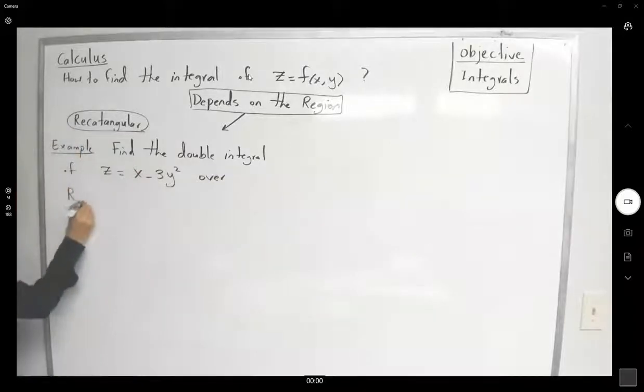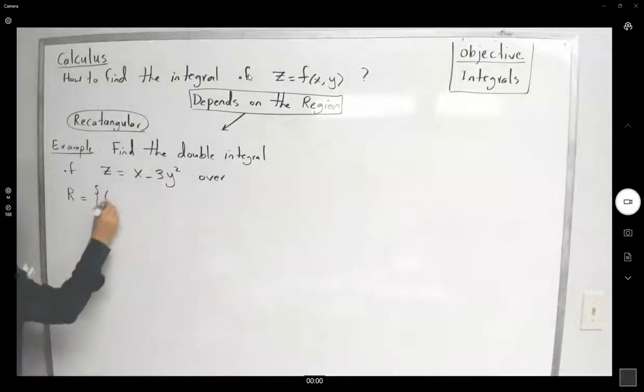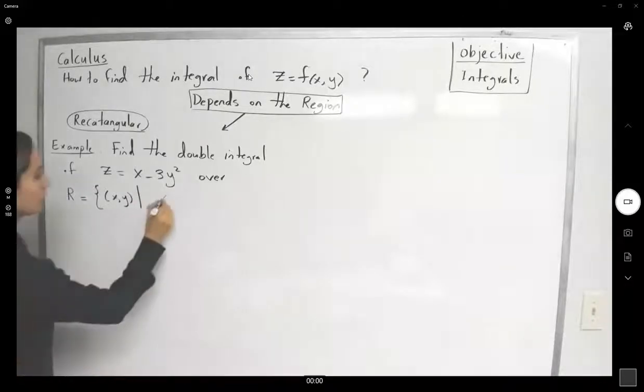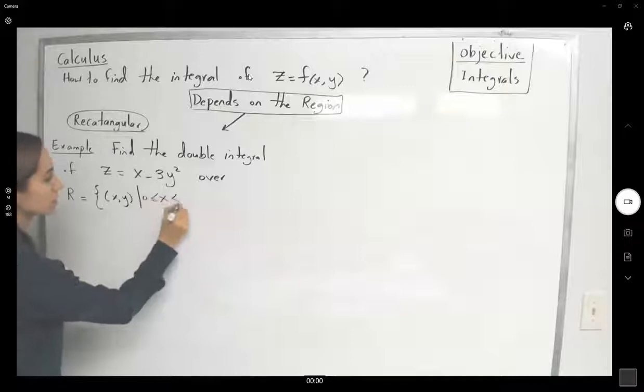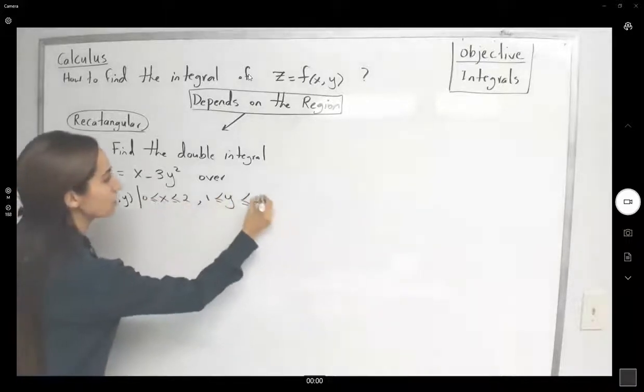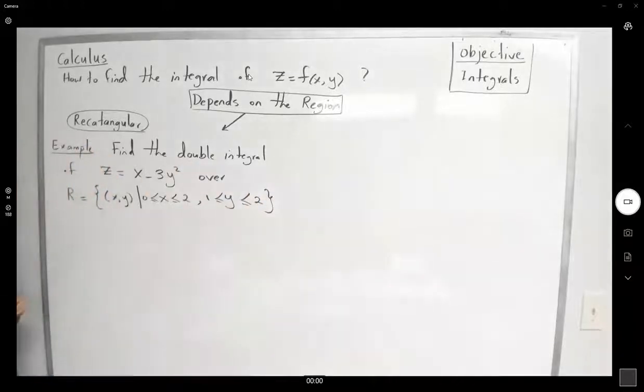The region R is defined as the set of points such that x is bounded between 0 and 2, and y is bounded between 1 and 2. Okay.